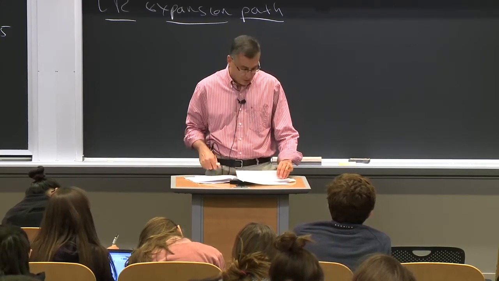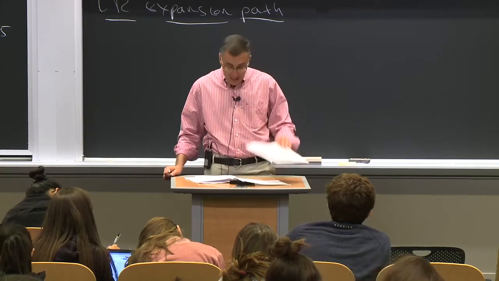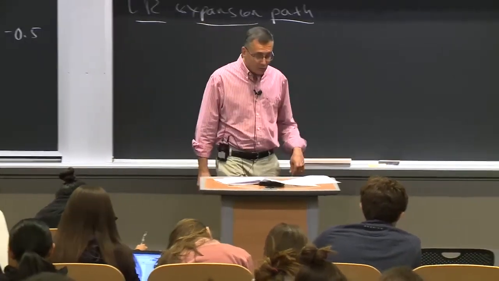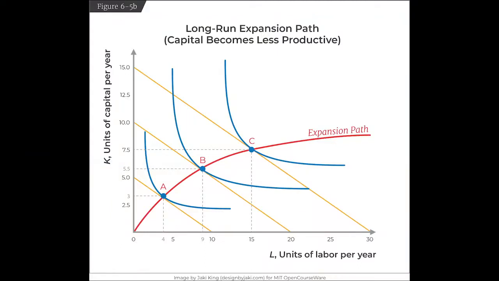Let me go on, because I want to make sure I get through this stuff. Now, the long run expansion path does not have to be linear. Look at figures 6.5b and 6.5c. 6.5b is a long run expansion path for a production function such that capital becomes less productive the more you produce.